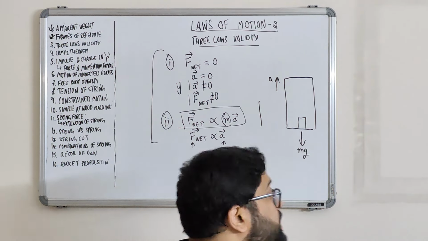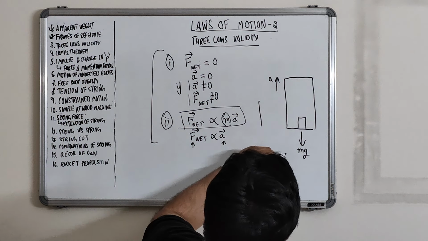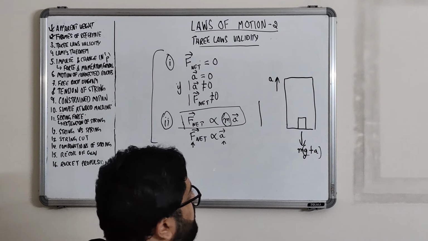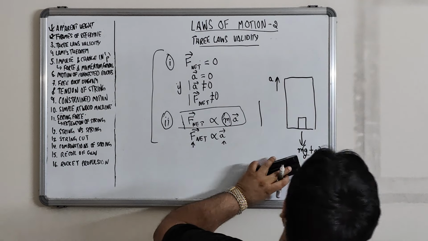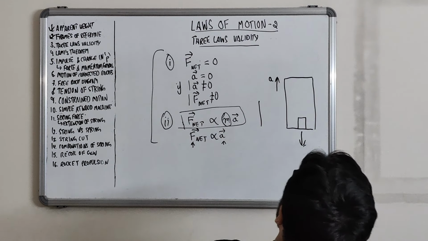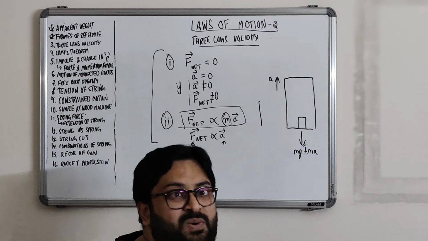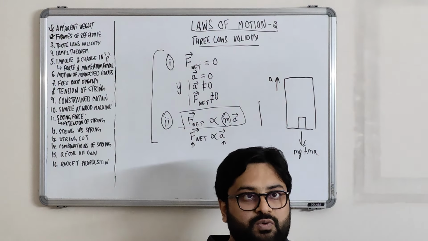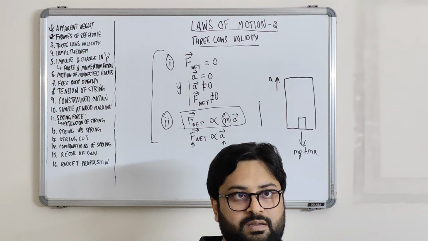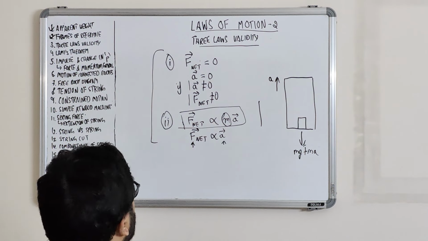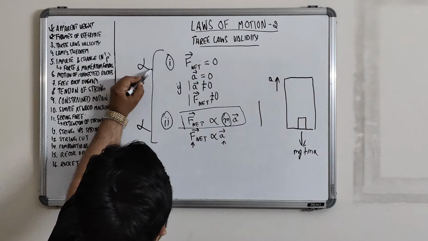Yet he is experiencing an increase in weight, let's call it mg plus ma. So even though there is no acceleration, he is still experiencing a force. So this law also becomes invalid.